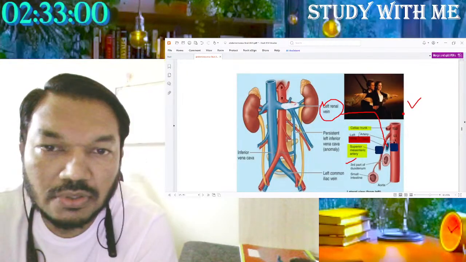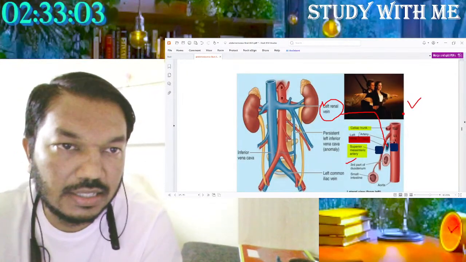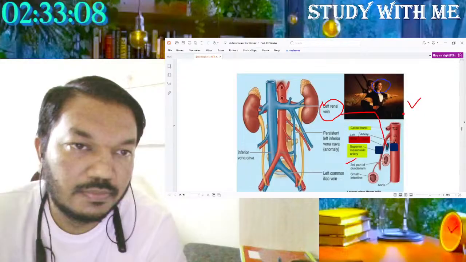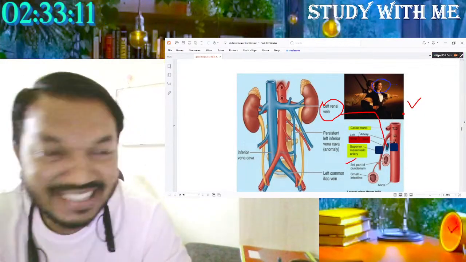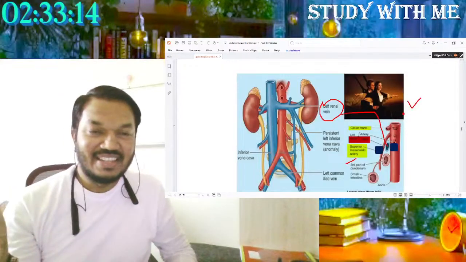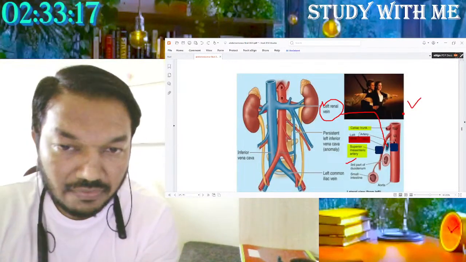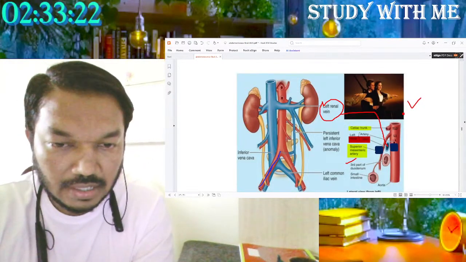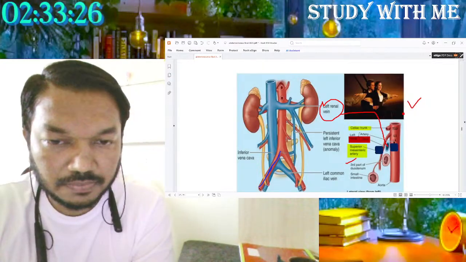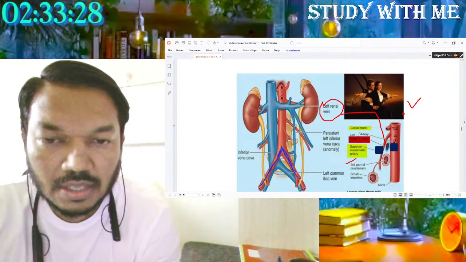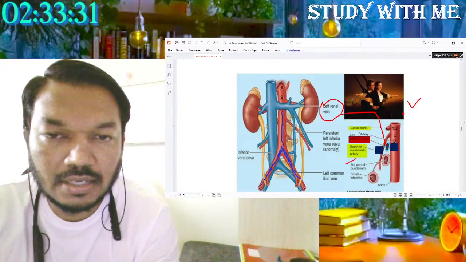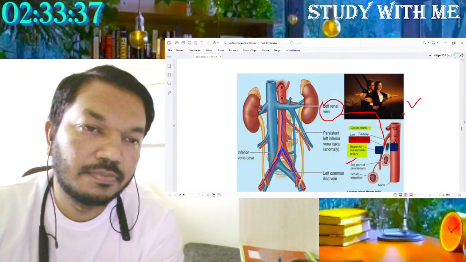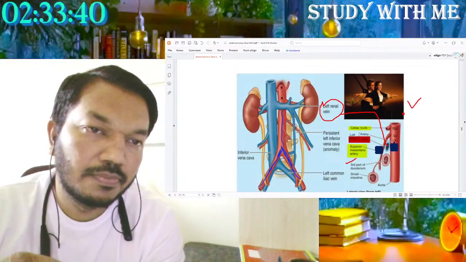That's why the powerful person remains in front, as you can see in this picture. Who is more powerful? The lady. That's why, I'm just saying. In the lower part the artery remains in front, but when it goes up, it goes behind the vein. So the vein is the girl.